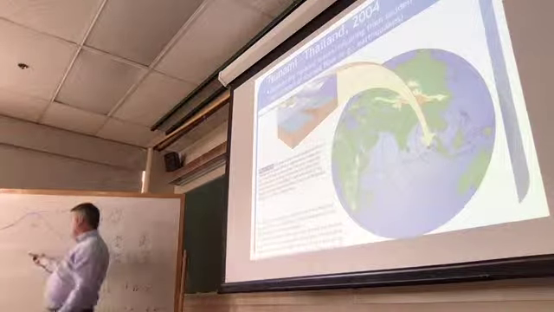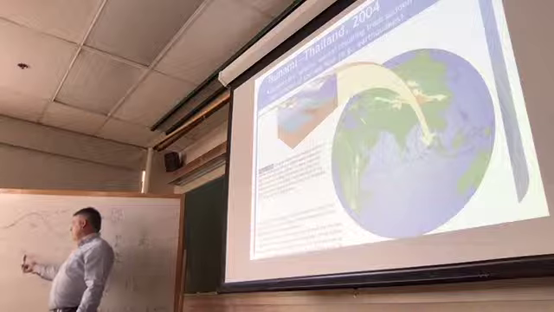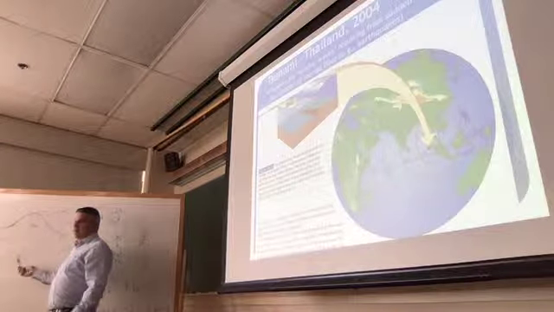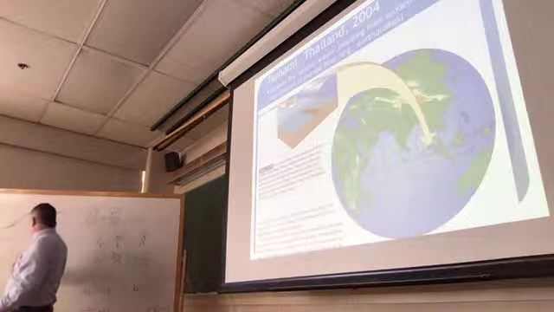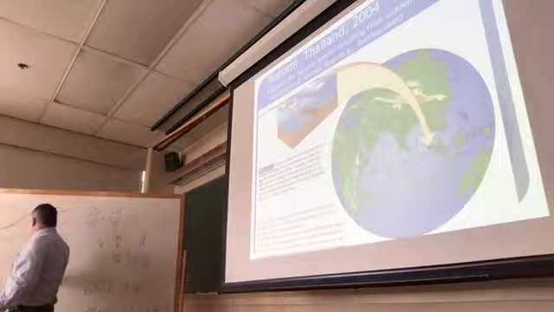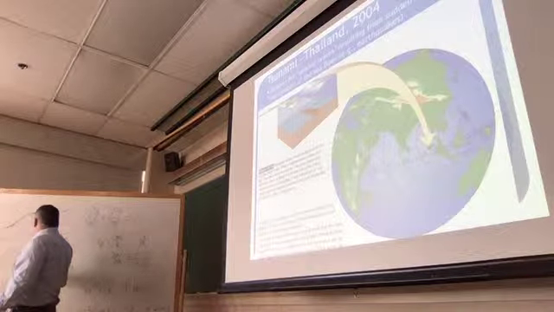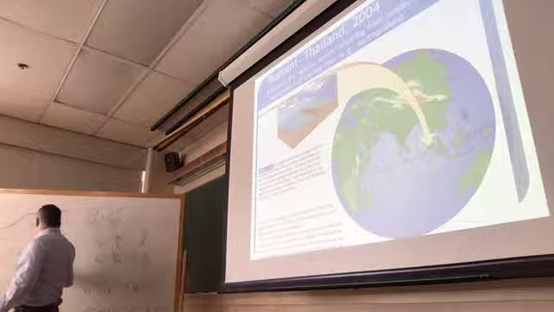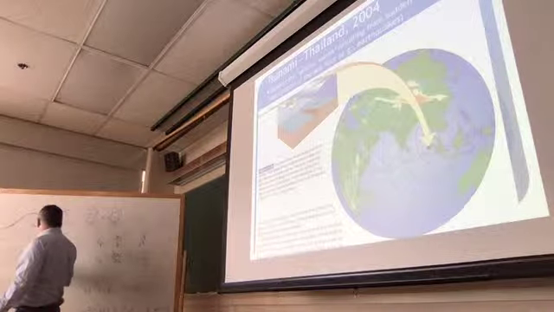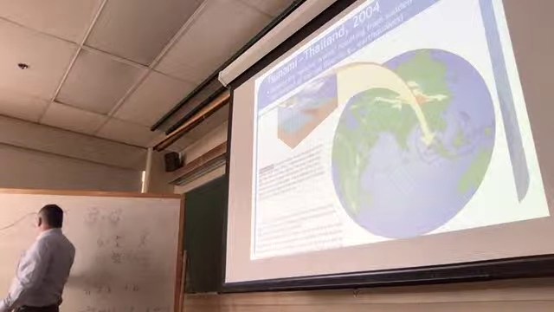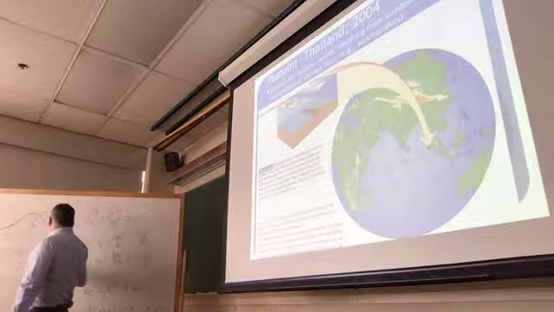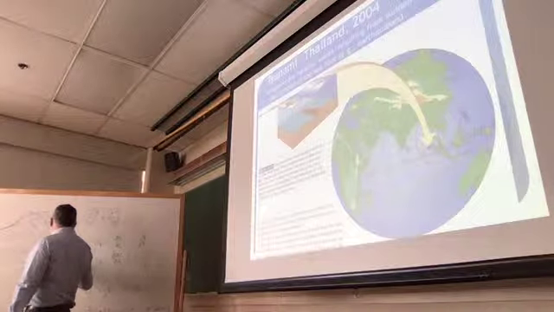So a shallow water wave in 4,000 meters of water, what's that? 10 times 4,000, meters squared per second squared. 1, 2, 3, 4. 200 meters per second.